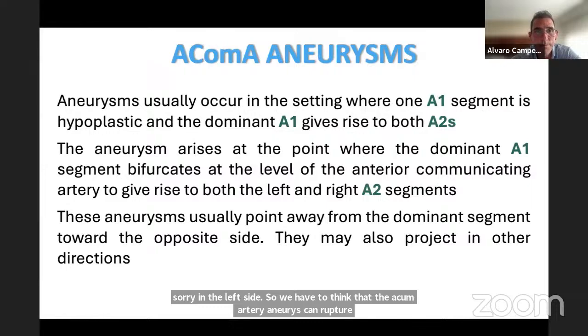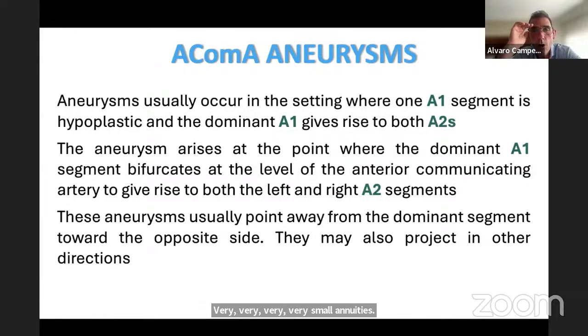Another important thing, they usually occur in the setting where one A1 segment is hypoplastic and the dominant A1 gives rise to both A2s. We said this before. So the aneurysm arises at the point where the dominant A1 segment bifurcates at the level of the anterior communicating artery to give rise to both the left and right A2 segments.